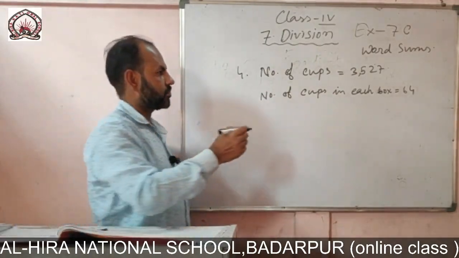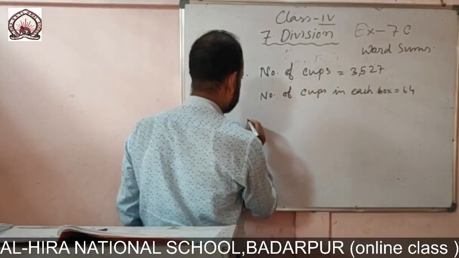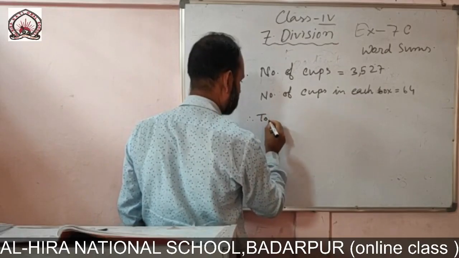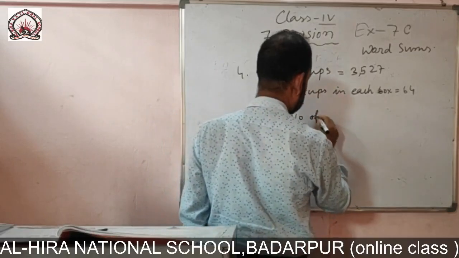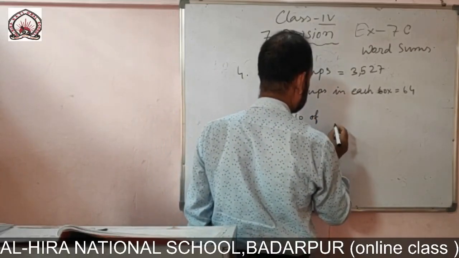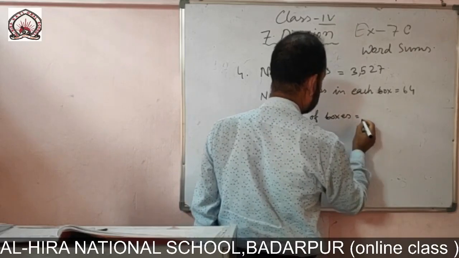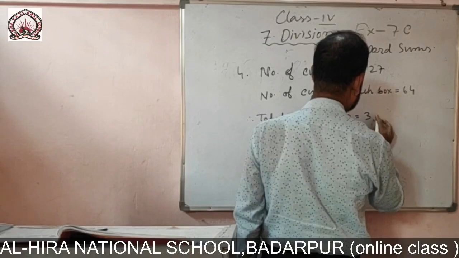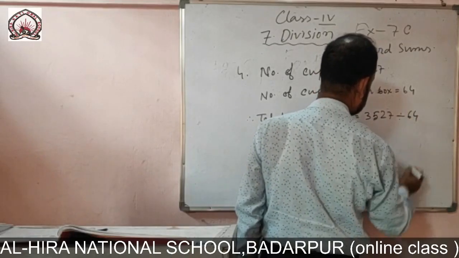So therefore total number of boxes is equal to 3527 divide 64.